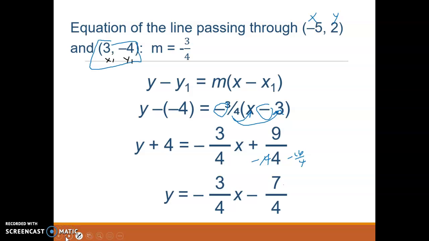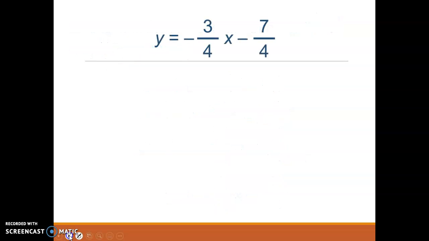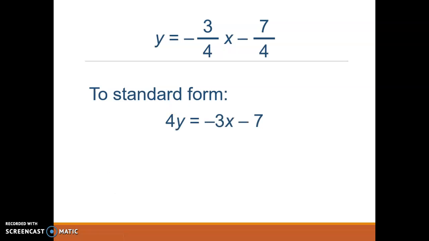So this is just a different way to get your equation into slope-intercept form. When you know the slope and you know a point, you can use the point-slope formula. Now, if we wanted to change that to standard form, we know that we want our x and y on the same side. We don't want to lead with a negative coefficient, and we don't want any fractions. So the first thing that we can do is multiply everything up here by 4.